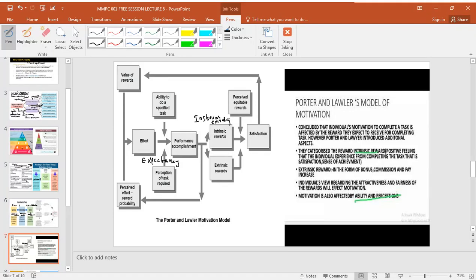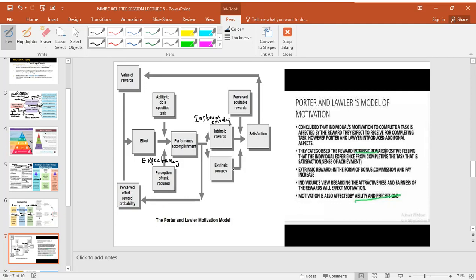If the employee is satisfied with the intrinsic reward, he believes that if I'm doing this type of work, I will get certain rewards that are intrinsic in nature. If he receives it, definitely he will be satisfied. Similarly, some are in need of extrinsic reward. If they are receiving those extrinsic rewards, they will be happy with that.